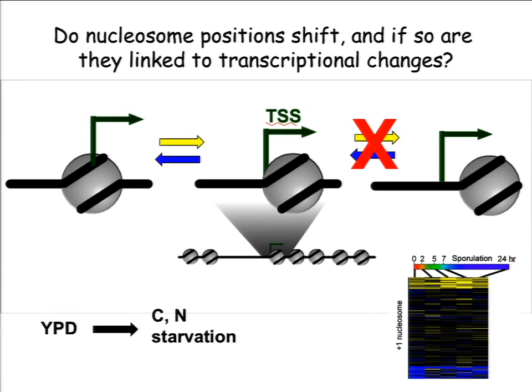In all cases, well, the vast majority of cases, what we see is it goes from either the canonical transcriptional start site to a position where the transcriptional start site is now further into the nucleosome, or to where normally this in YPD, and it then shifts down to the more favored position upon carbon-nitrogen starvation, depending on which gene. So we don't see any of that.